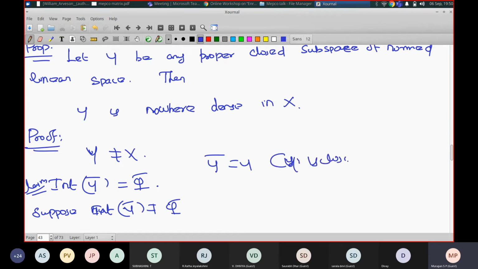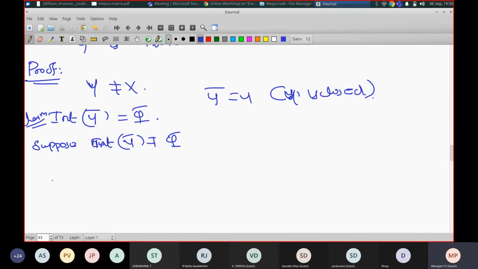Interior non-empty means you can find an open ball around zero with some radius r, which is completely contained in Y. So you can find an open ball B(0, r) completely contained in Y. What about this one?